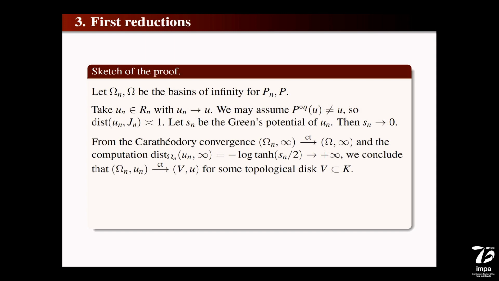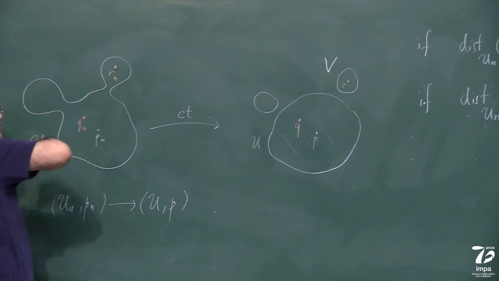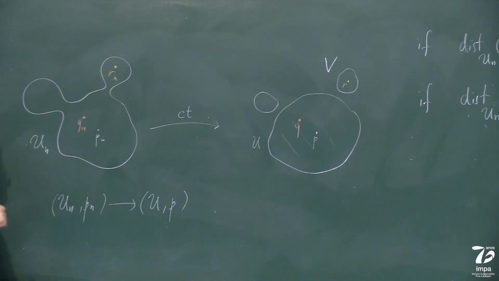So we are pretty much in this case, where this is infinity and this is un. They're getting farther and farther apart, and this is the basin of infinity.